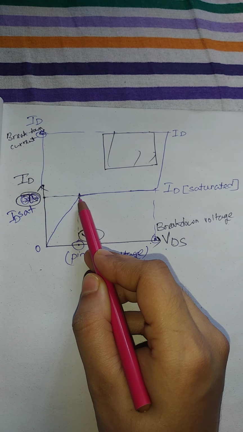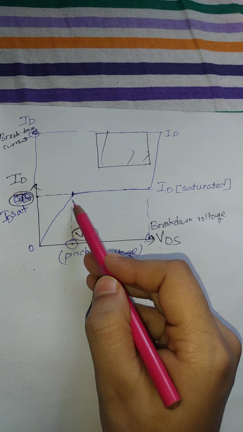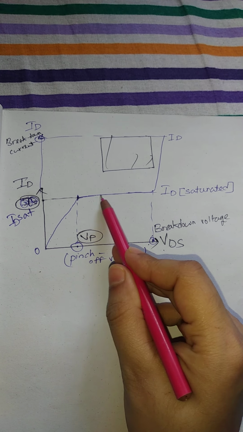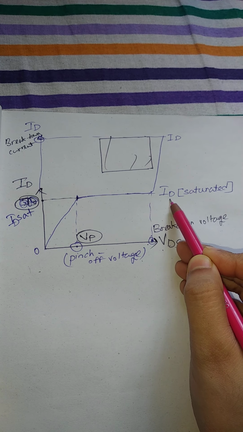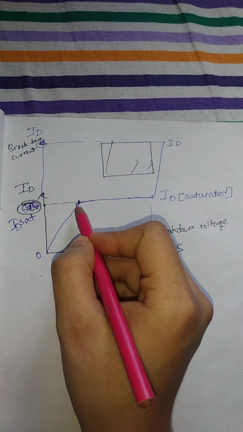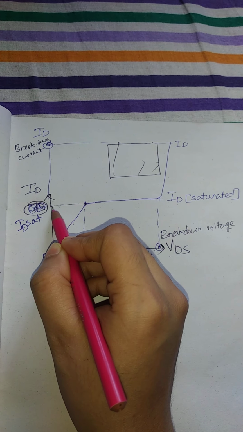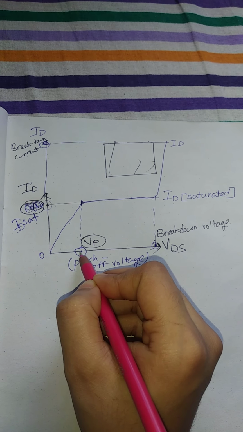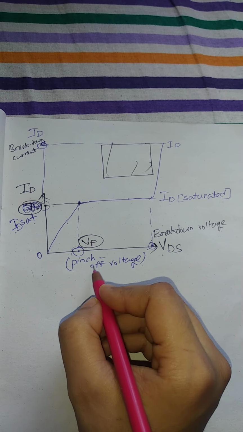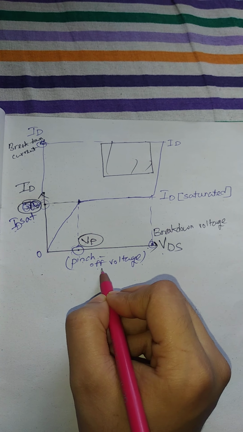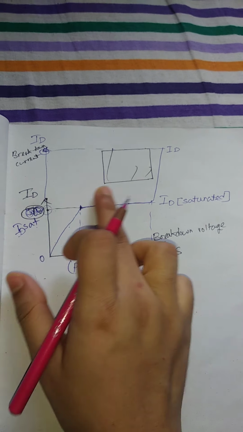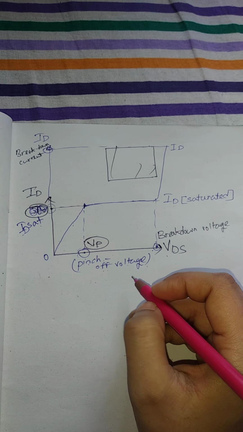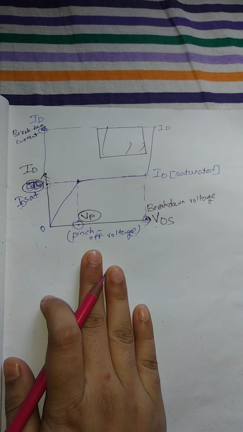Then at a point the current will be saturated, ID equals saturated, and this point is noted as the ID saturated point, and this point on the axis is VP, meaning pinch off voltage. So this is the output characteristics of JFET, showing the pinch off voltage.